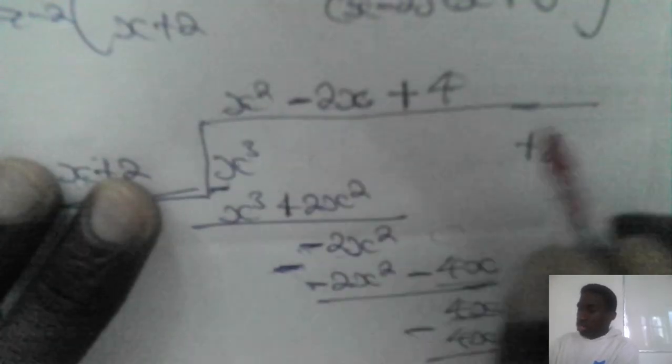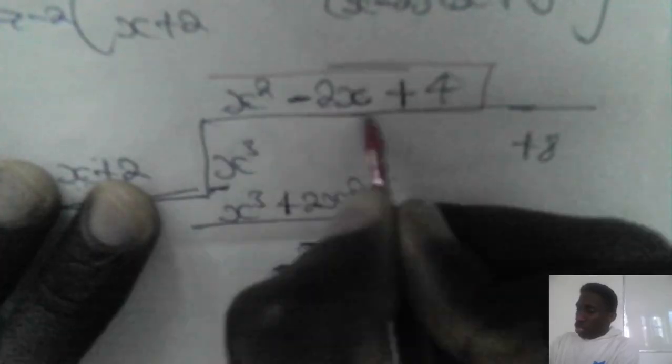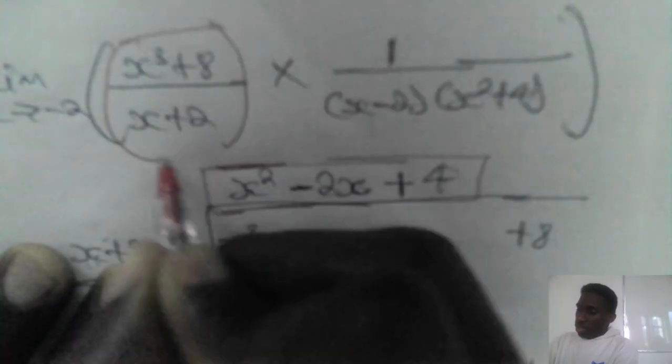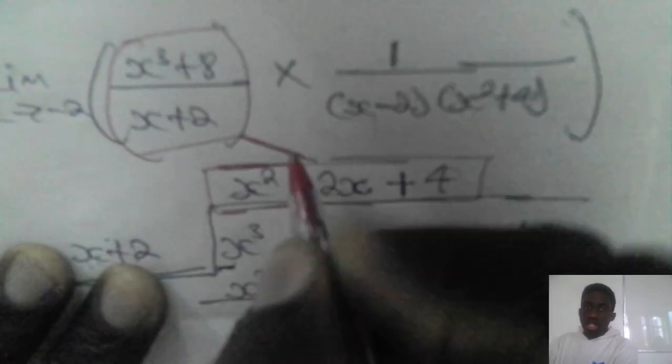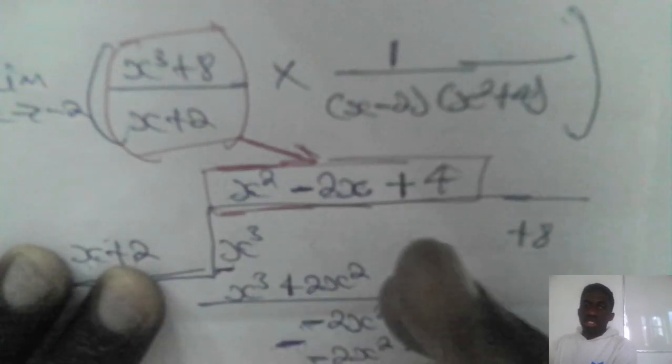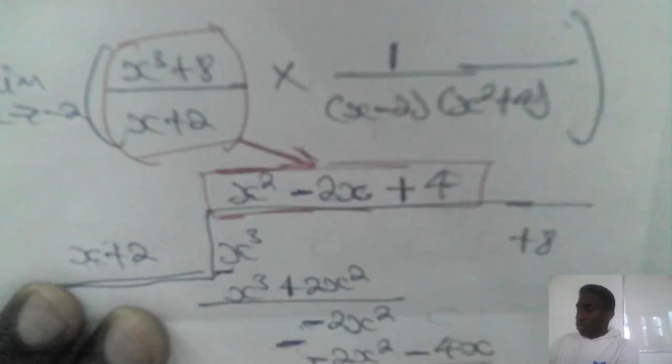But our main focus is on the answer we get from here. This is what we are using to replace. So this is being replaced by this. Replace it with your answer. Just replace it there, and we can now easily solve.